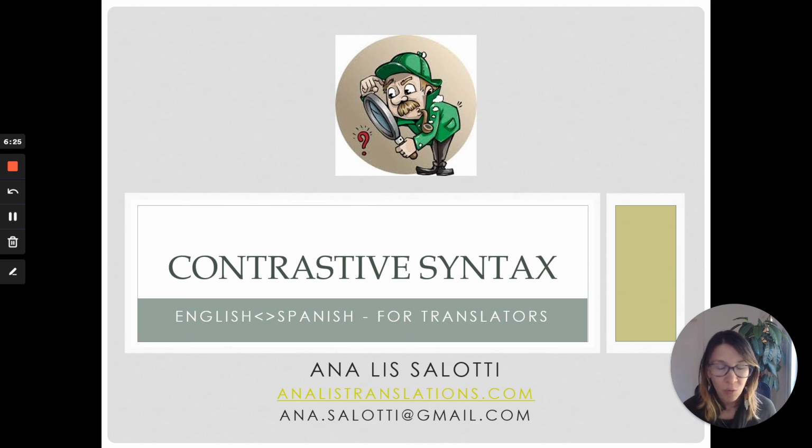So we're going to be looking also at many other syntactic aspects of both languages, and these will help you understand the source text a lot better, produce a more accurate target language text, and also see the reasons behind common mistakes that both writers and translators make in their languages.